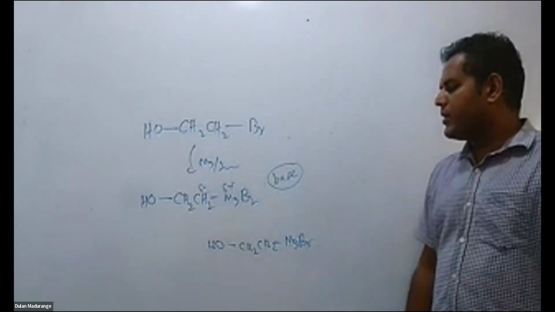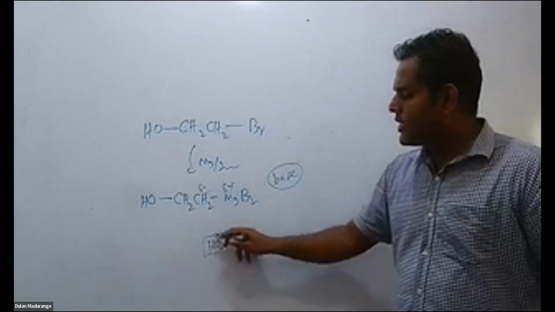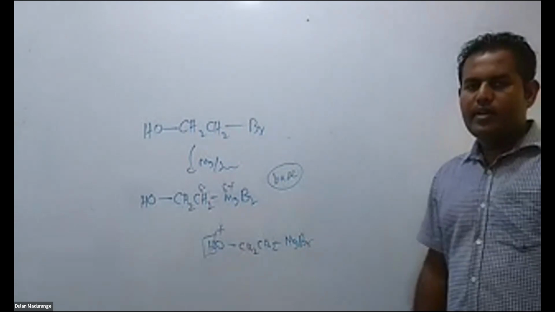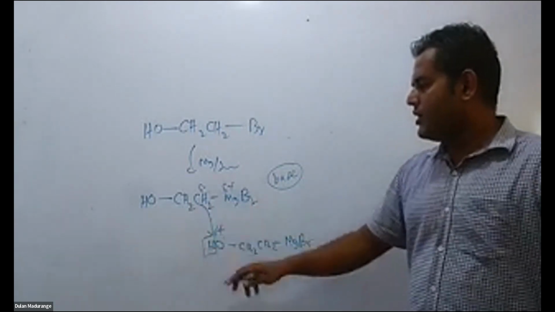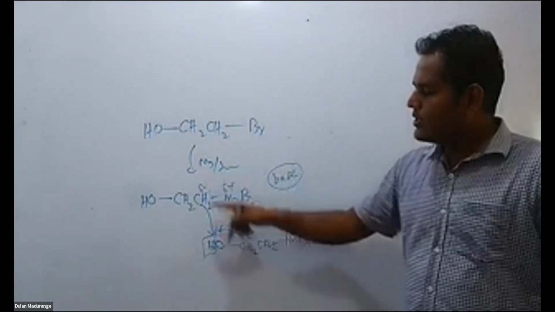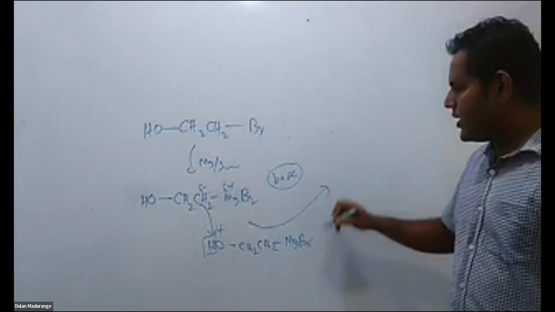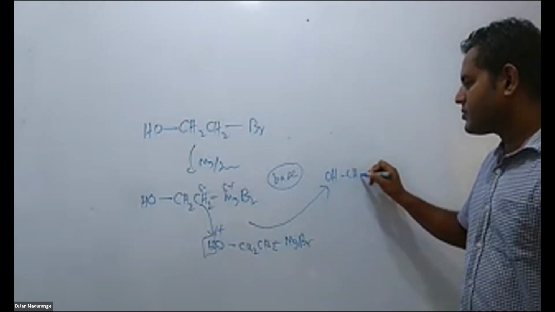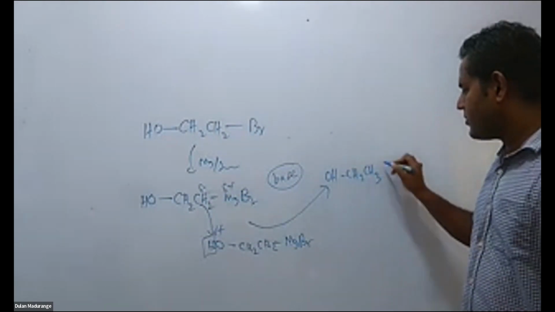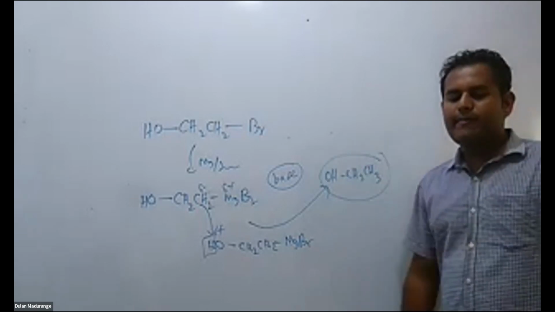In another species we have acidic hydrogens like H plus. This H plus would react with this. This delta minus will take this H plus out. So then what will happen? You get OH, CH2, CH3, when the product is formed.